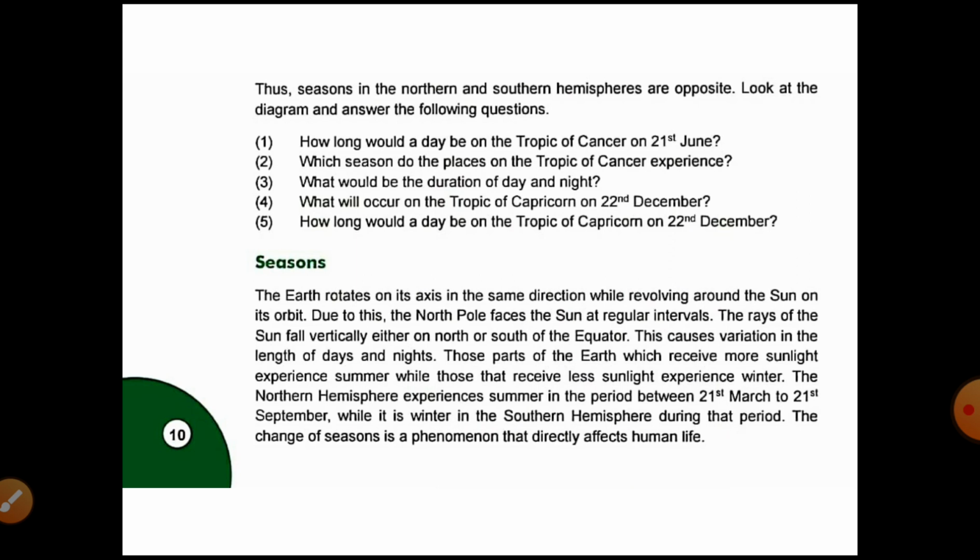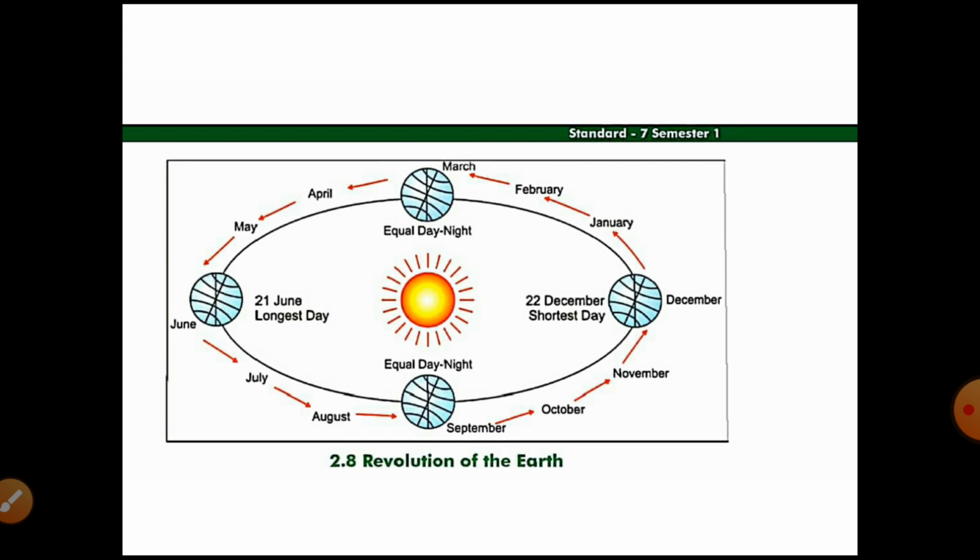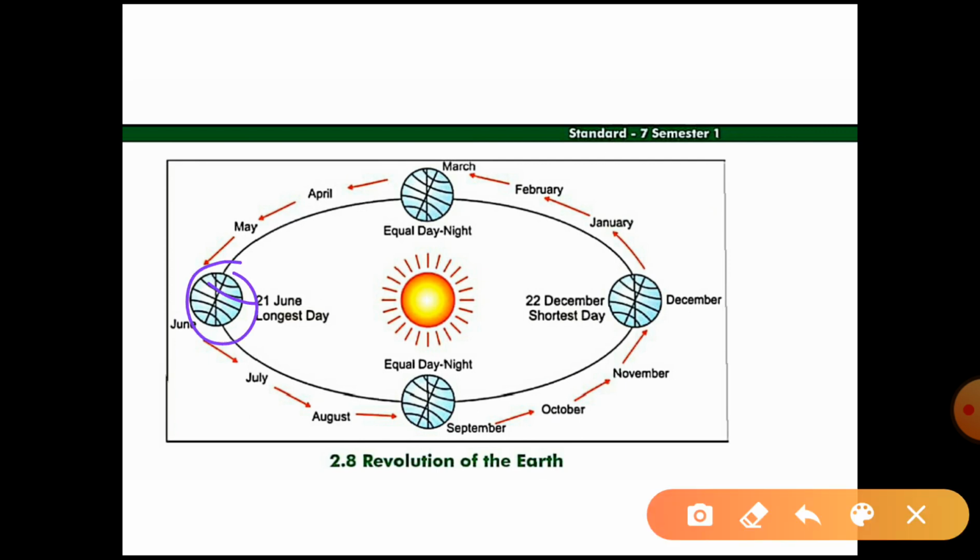The first one: how long would a day be on the Tropic of Cancer on 21st June? Okay, so here you can see on 21st June on the Tropic of Cancer, the sunlight is falling directly, which means the day is longest.